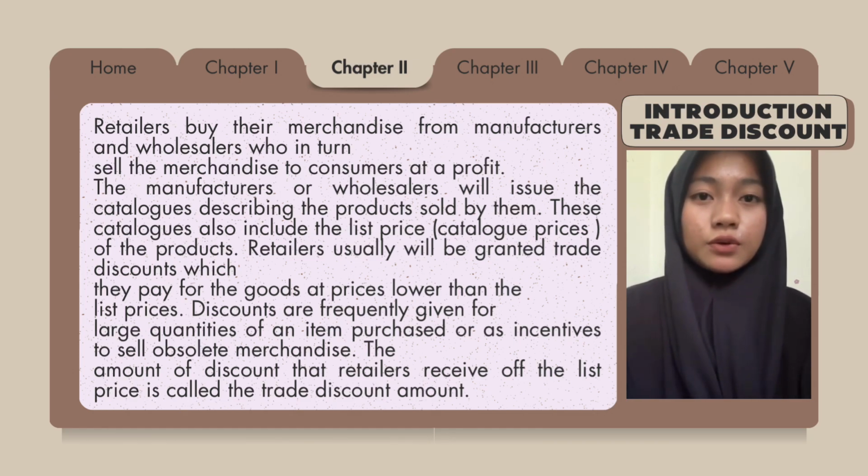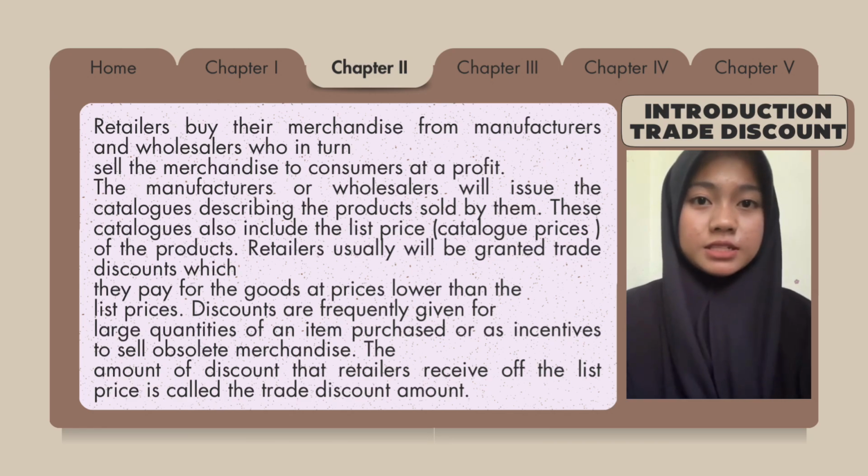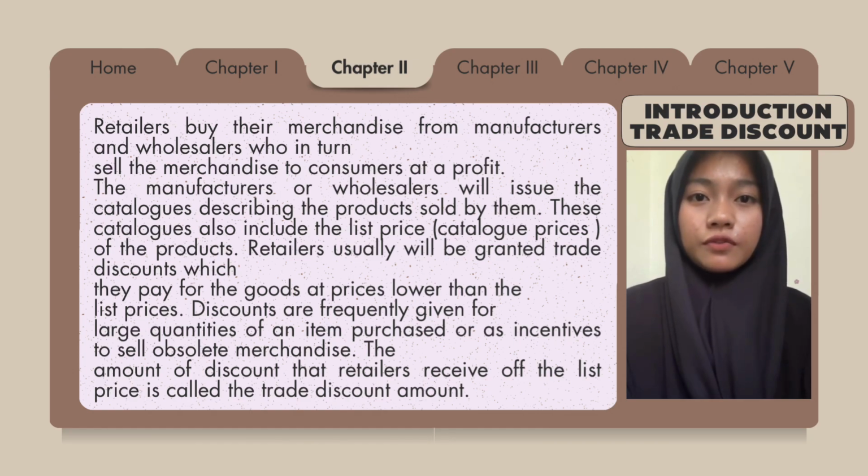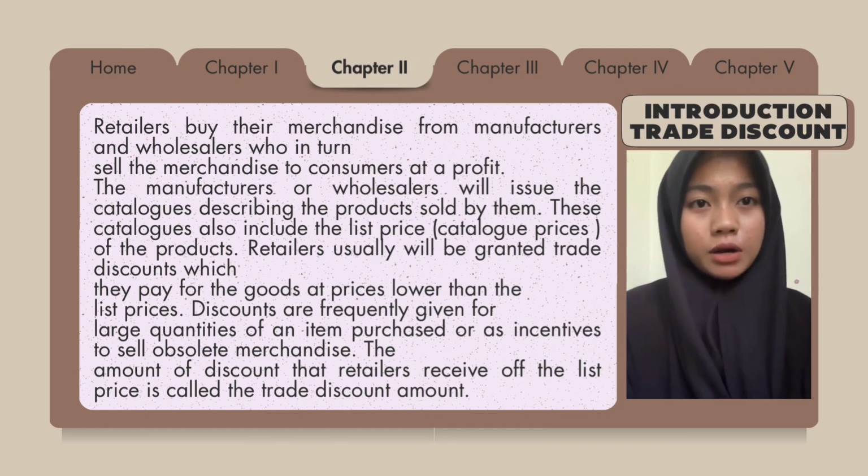Retailers usually will be granted trade discounts, which they pay for the goods at prices lower than the list prices. Discounts are frequently given for large quantities of an item purchased or as an incentive to sell obsolete merchandise. The amount of discount that retailers receive off the list price is called the trade discount amount.